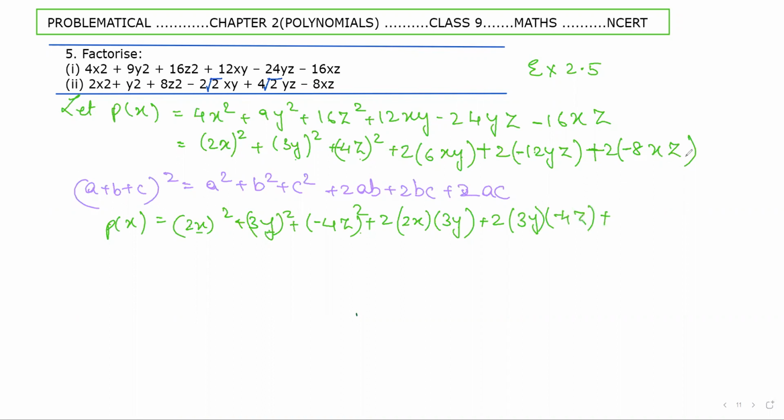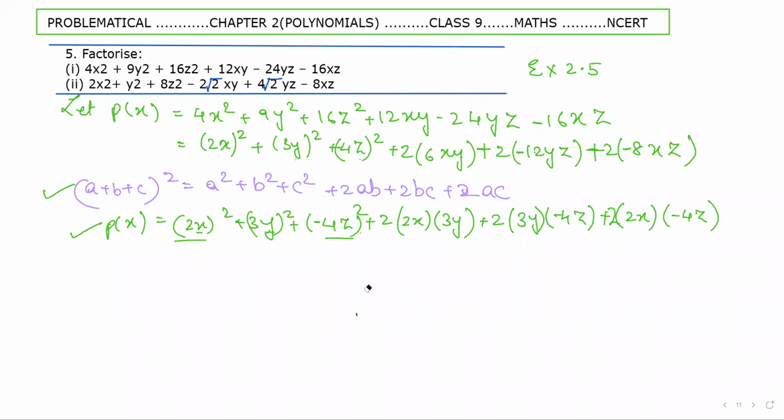Again, here you have x and z. So minus 8 can be obtained by minus 4 multiplied by 2. This is 2 times 2x into minus 4z. Now, this P of x looks like the right-hand side of this known identity. Therefore, let's write the comparison value first.